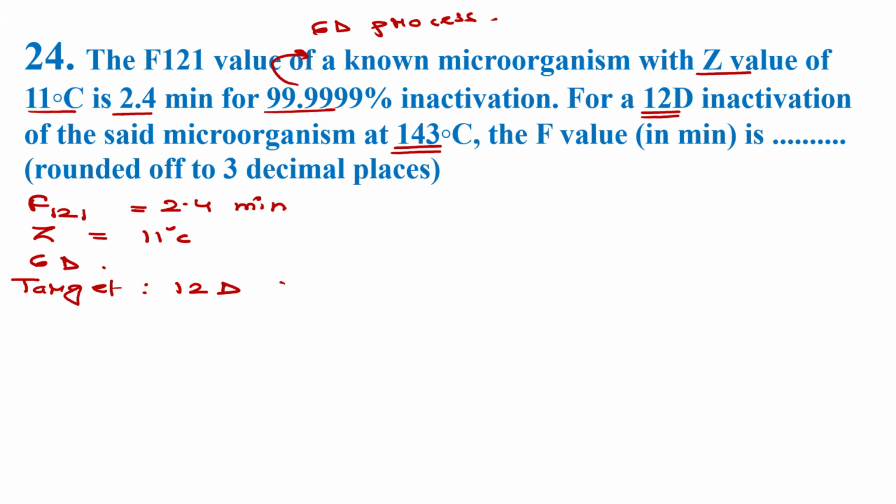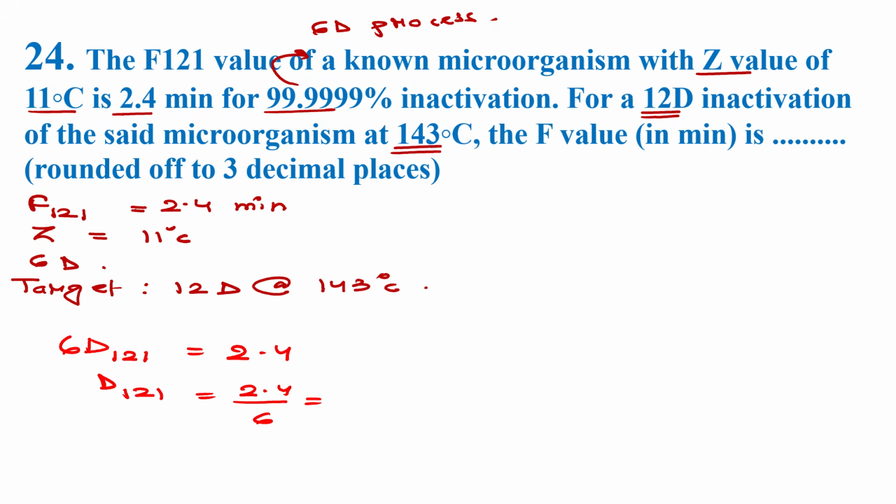First, we'll calculate the D value. So D at 121 is F by 6D, so D at 121 will be 2.4 by 6. It is 0.4 minute.